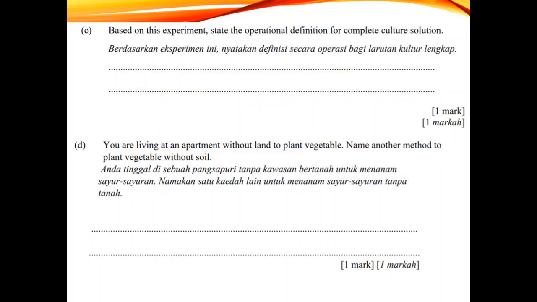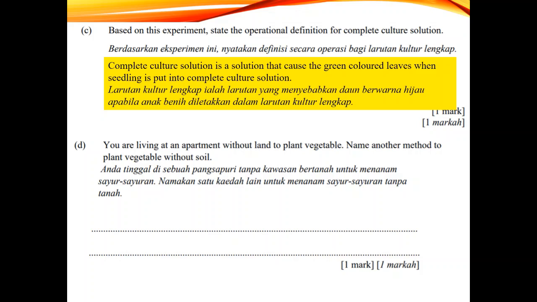Based on this experiment, state the operational definition for the complete culture solution. You need to start with the words complete culture solution is a solution that causes green leaves when the seedling is put into the complete culture solution. Still remember, I mentioned just now, you need to write down what has been observed. What has been observed here is the green leaves, right?